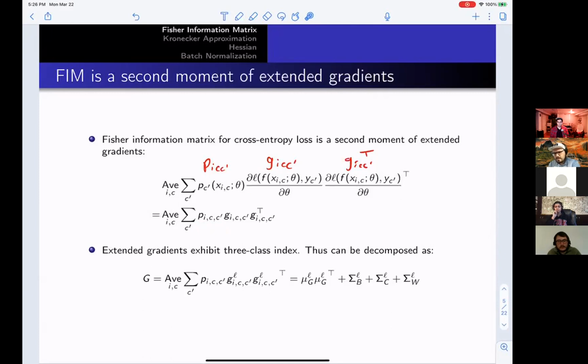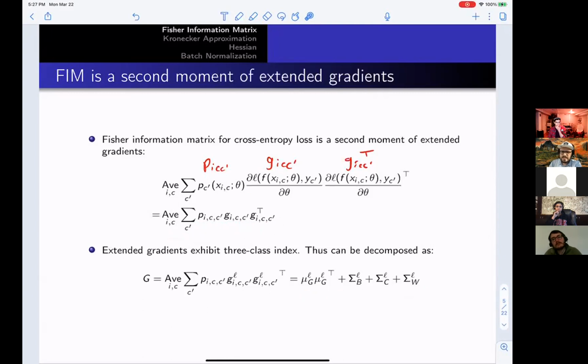Okay. Now, because there is a 3-index structure here, immediately what you might expect is that we can do a decomposition of this Fisher information matrix into all of these quantities that we talked about in the previous lecture.